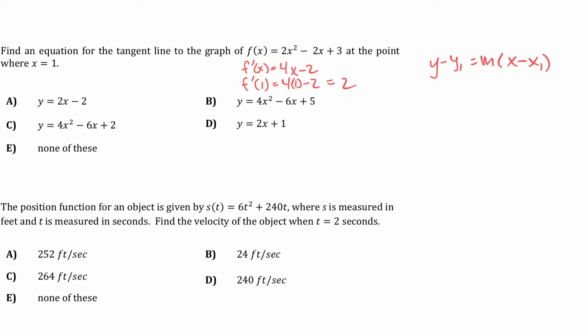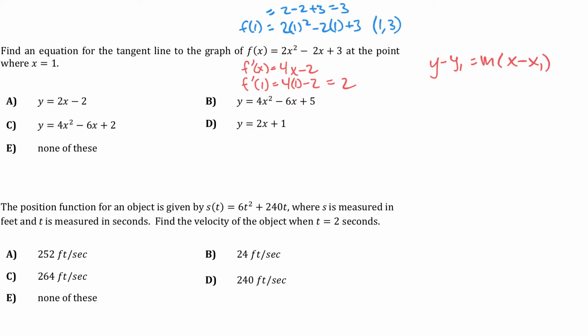So what we need to know is what is f of 1, so we can get the y. That's 2 times 1 squared minus 2 times 1 plus 3. So that's 2 minus 2 plus 3, which is just 3. So we have the point 1 comma 3, and that's what we're going to put into our point slope form.